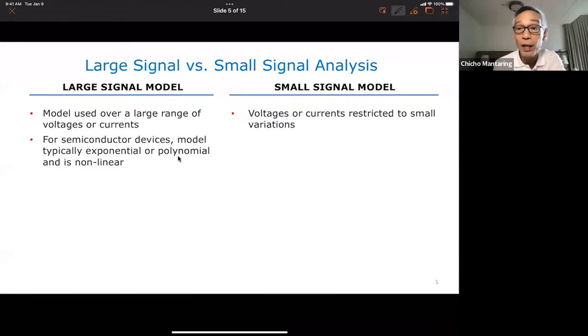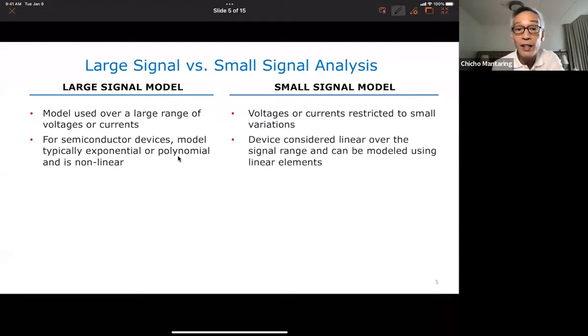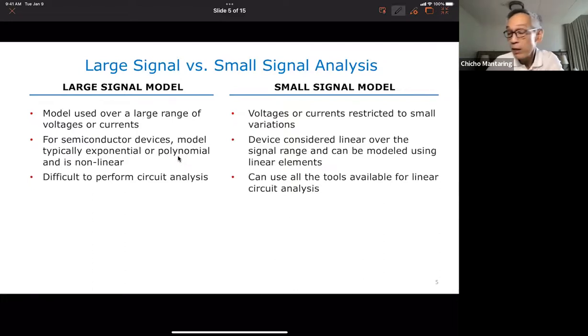No, that's a polynomial. If your equation is exponential or polynomial, those are nonlinear equations. Okay, on the other hand, pag small signal, the device is considered linear over the signal range and can be modeled using linear elements. So here, we cannot model the device using linear elements. But here you can, ano?